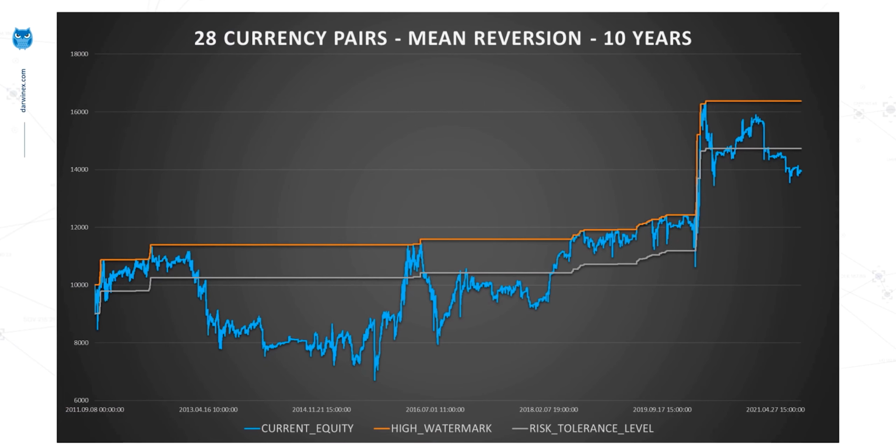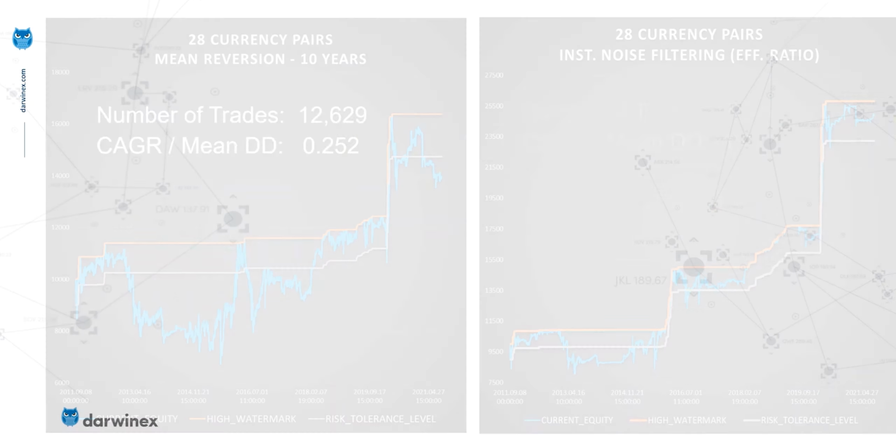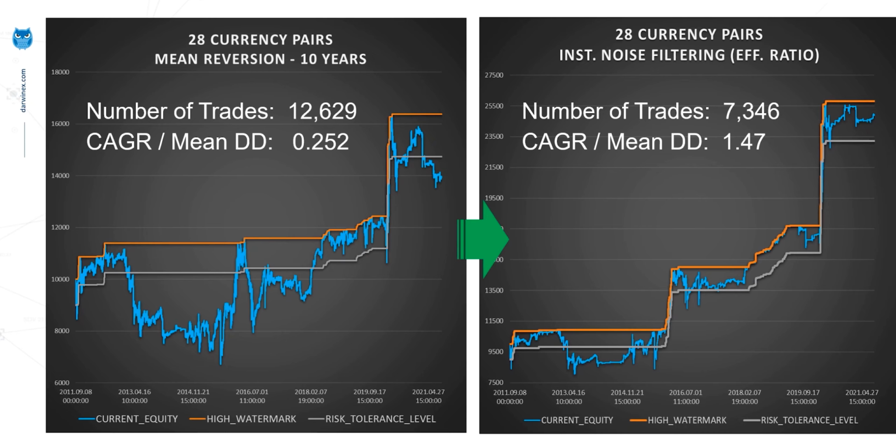So here's the baseline that we've now seen many times, and this was obtained by trading the mean reversion strategy over a 10-year period using all 28 currency pairs and trading those whenever we got a signal. And to remind ourselves of the improvements that we saw previously when using the efficiency ratio, we took the equity curve from this on the left to this on the right.